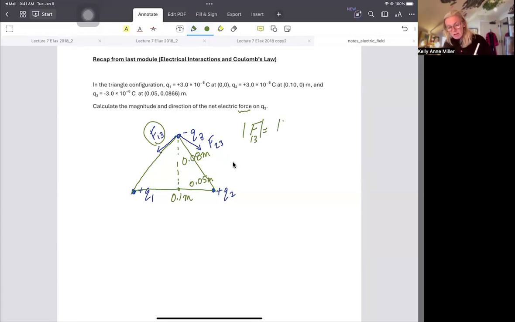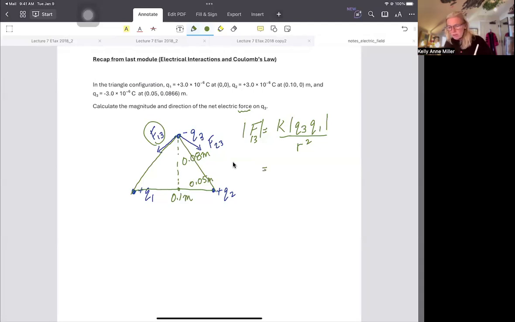So that's just going to be a constant K times the charge of 3 times the charge of 1 divided by the distance that separates them squared. Okay, so we could plug the numbers in, and we would find that that equals around 8 newtons.